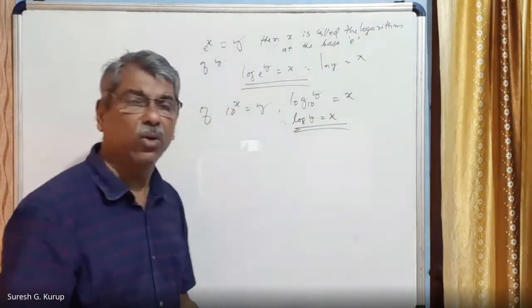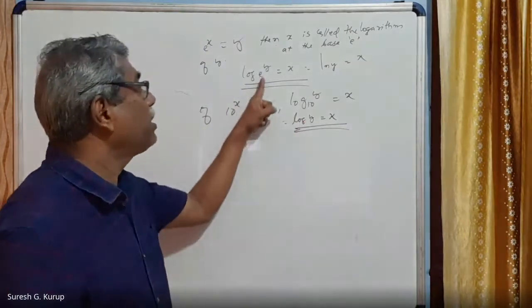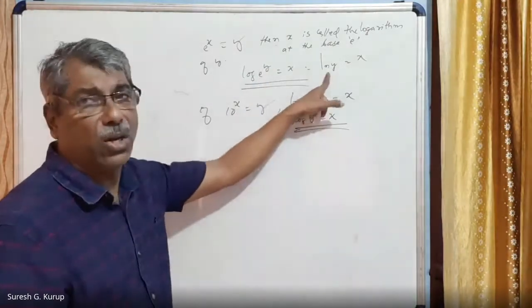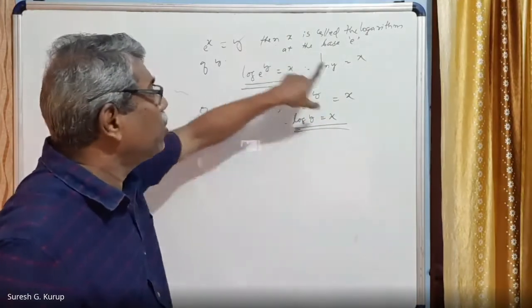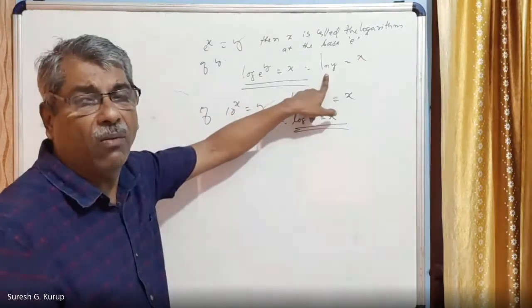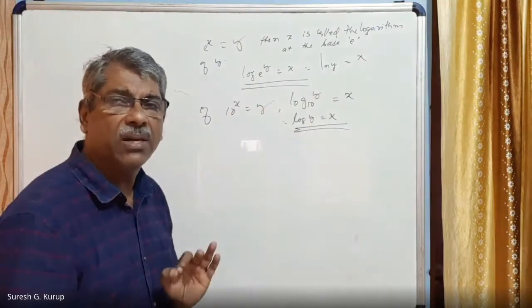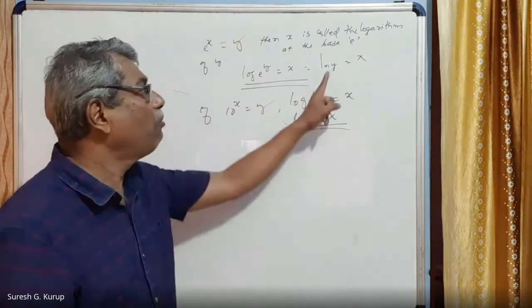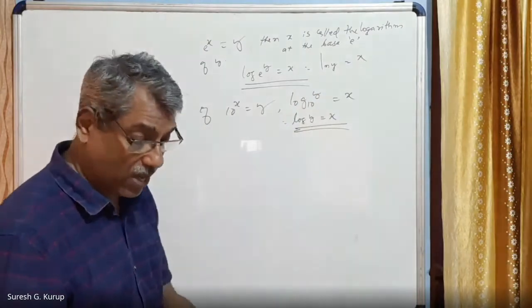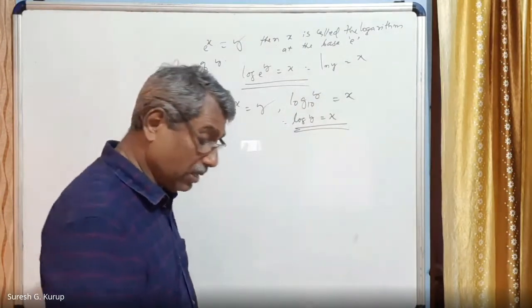This is not needed to mark there, but in this case it is marked. The same thing is notated as ln y, meaning natural logarithm of y is equal to x.